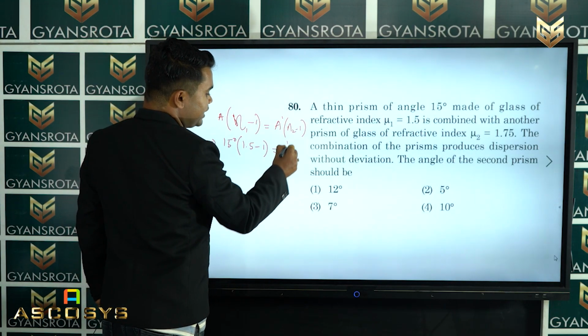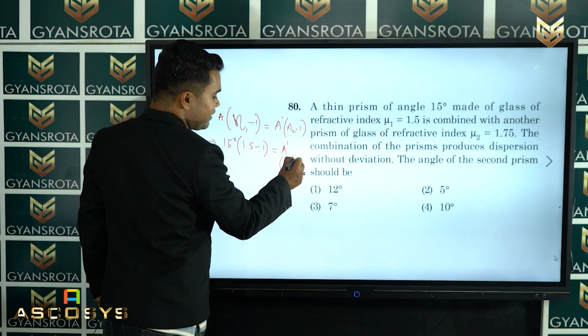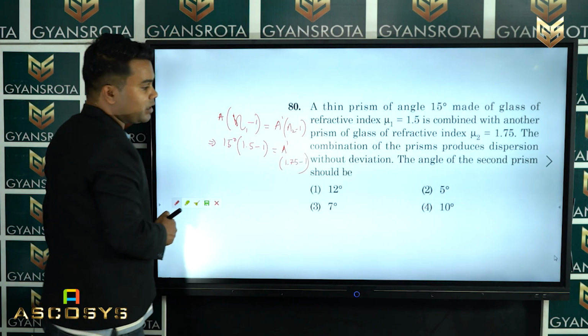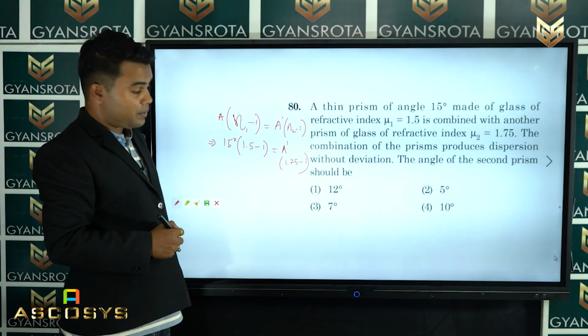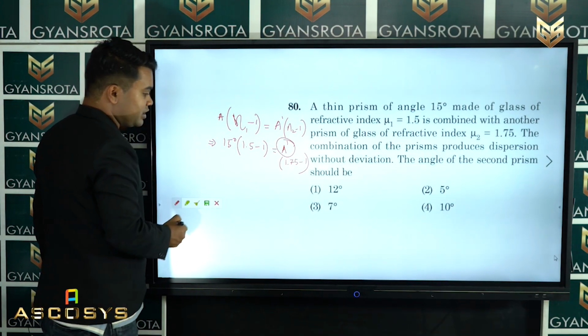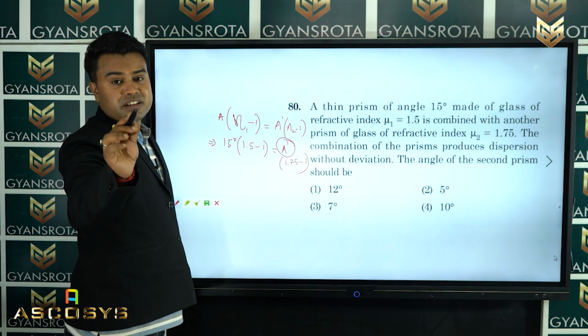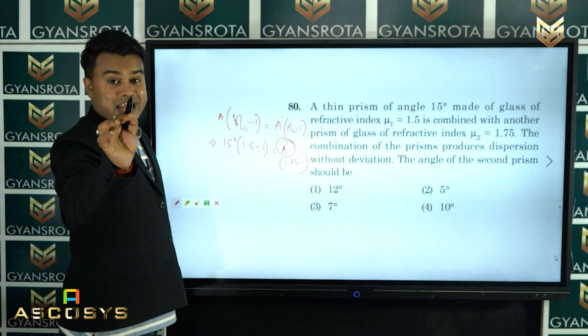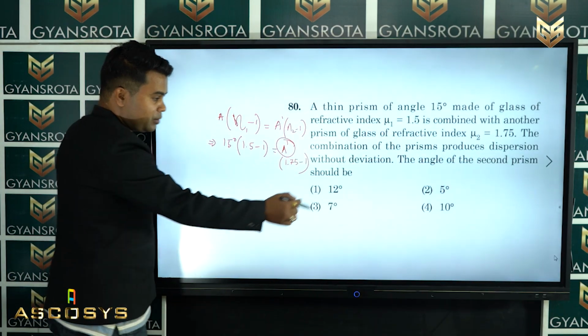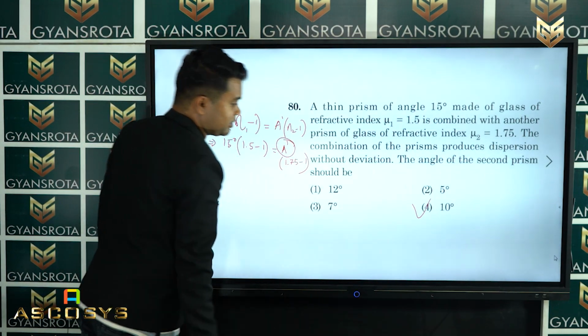A dash we need to calculate, and mu2 is given to us as 1.75, so 1.75 minus 1. So this is what we are supplied with. We need to calculate A dash. Simply take this one to the denominator and find the answer, and the correct answer for this question will be 10 degree. So option number 4 is the correct answer.